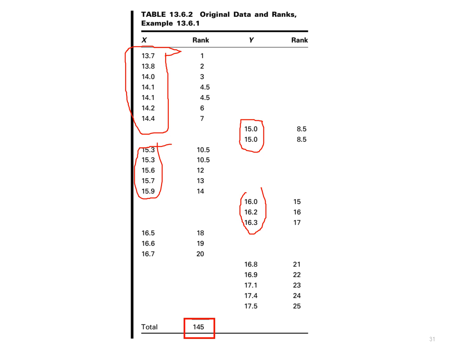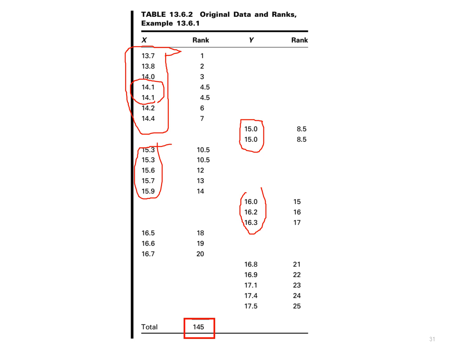Then we put the rank here. These 2 values are the same, 14.2, so one would be rank 4 and the other 5. But since the values are the same, we give the rank 4.5.